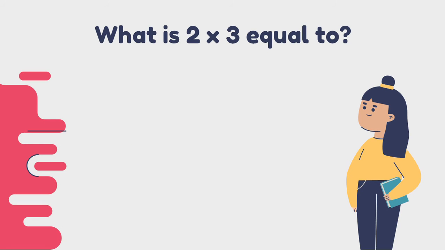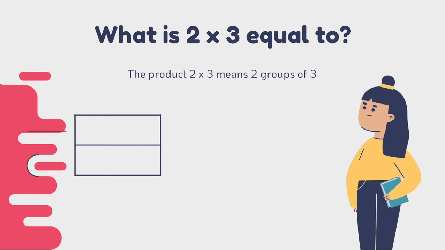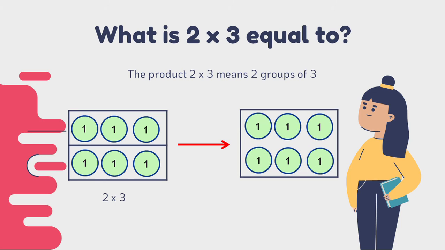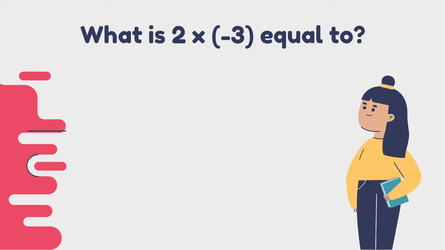What is 2 times 3 equal to? It's an easy equation. The product of 2 times 3 means two groups of 3. So there are two groups and each group has 3. That's equal to 6. What about 2 times negative 3?